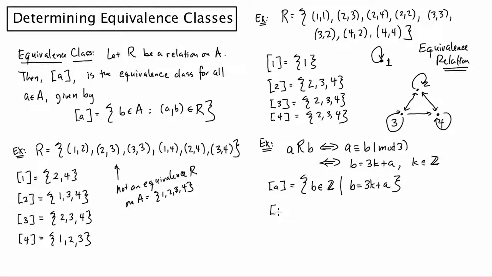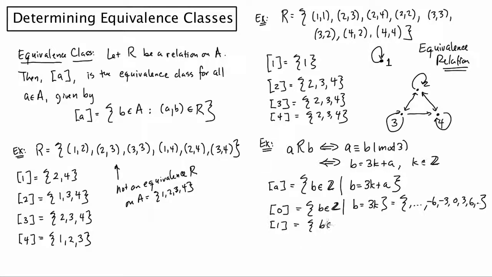For example, if I pick A equal to 0, and I look at the equivalence class for 0, this is the set of all integers such that B is equal to 3 times k. Well, the set of all integers where B is equal to 3 times k are multiples of 3. But if I picked 1 for my value there, then this is the set of all integers such that I can express B as 3k plus 1.